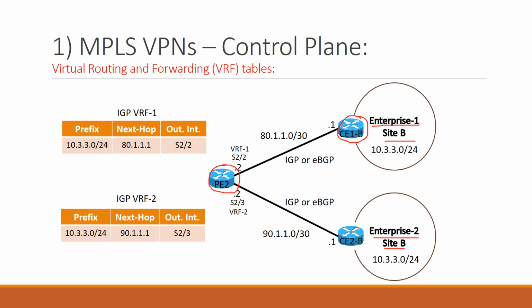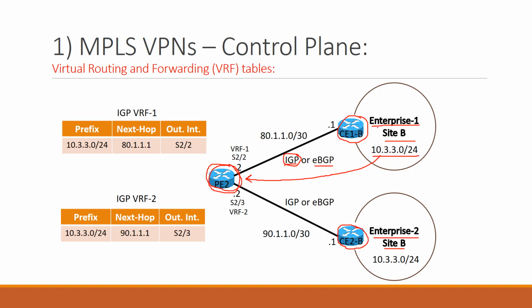Similarly, for enterprise 2, there is a routing protocol used between customer edge 2-B and the provider edge router. This routing protocol can be an IGP or BGP. In this presentation, we will discuss only IGP, and we will use EIGRP just to advertise this subnet from this site, from this router to the provider edge through EIGRP.